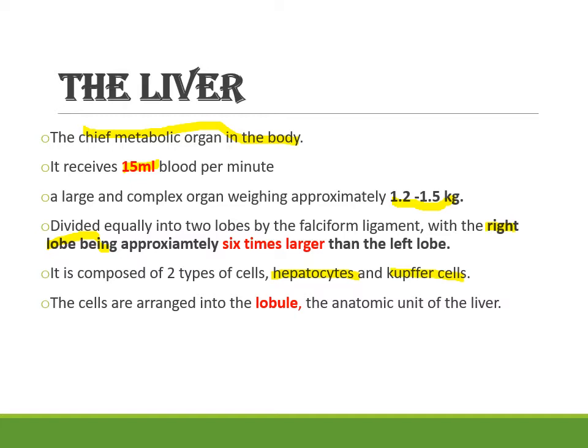Since the liver is considered one of the most important organs, we have natural ways to protect its functionality with the help of our Kupffer cells, which are said to be the front line of defense for the liver. If any bacteria, toxin, or debris goes to the liver, the Kupffer cells are responsible for engulfing it through phagocytosis.